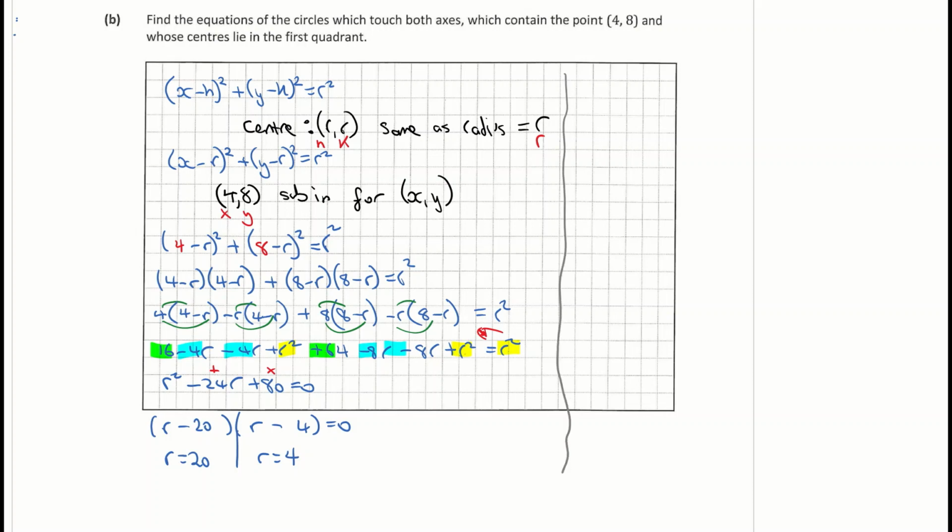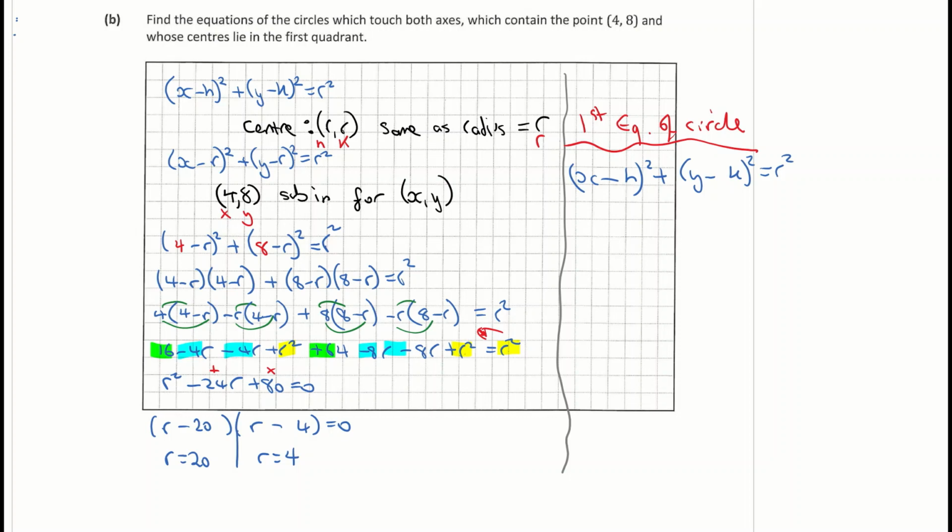Now we have to find the equations of the circles. So I have my two equations. So first equation of circle, and I know my formula, it's (x minus h) squared. So I'm going to sub in my h in a second. So I'll just write it out actually again. (x minus h) squared plus (y minus k) squared equals r squared.